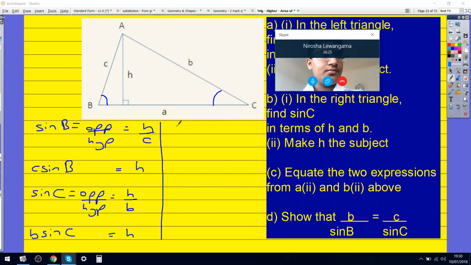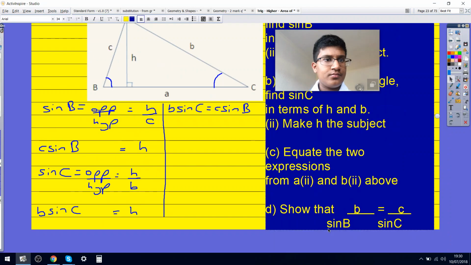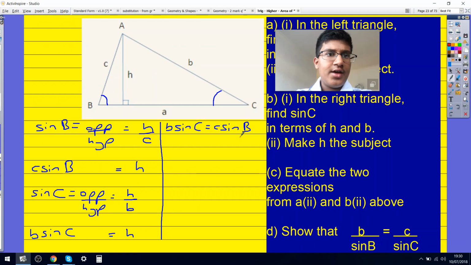And then how can you show that B over sine B equals C over sine C? I'm just going to divide both sides by sine B sine C, doing the whole thing in one go.